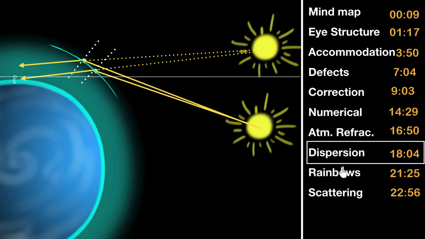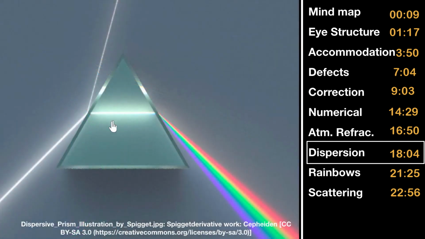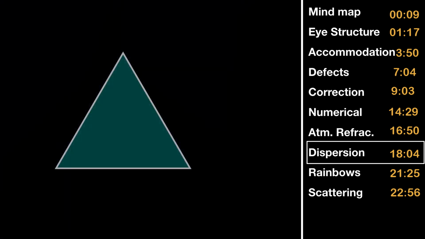Next up, dispersion. Dispersion refers to the splitting of white light into its constituent colors when it passes through a prism. And to understand how this happens, we need to first look at how a prism works. Let's ignore colors for a minute and shoot a ray of light onto this prism. Then it enters into the denser medium, and so the ray of light will bend towards this normal.